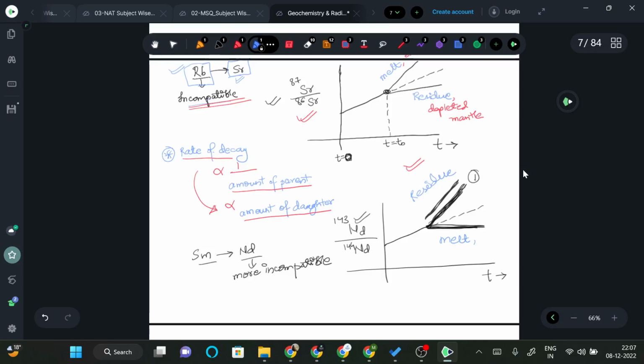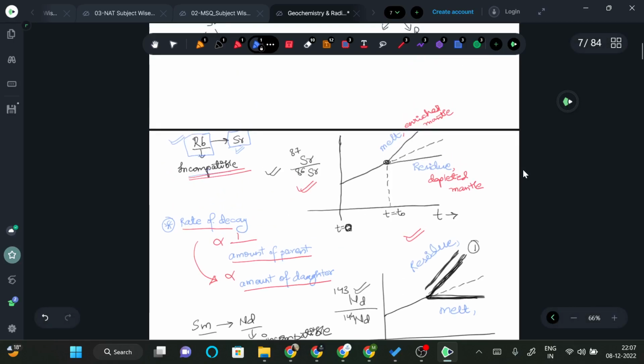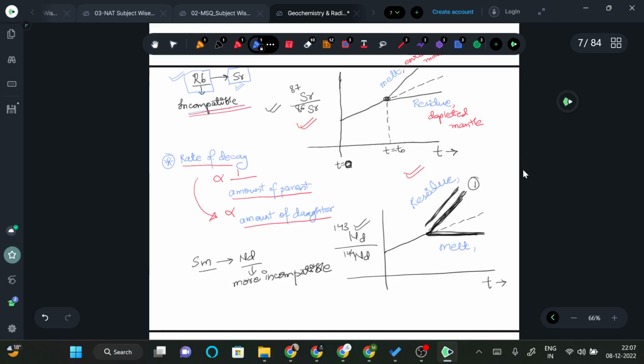Are you all understanding this? We haven't gone from the very basics, but is there any doubt? Please ask. Because now, after having these two graphs, the question is solved.